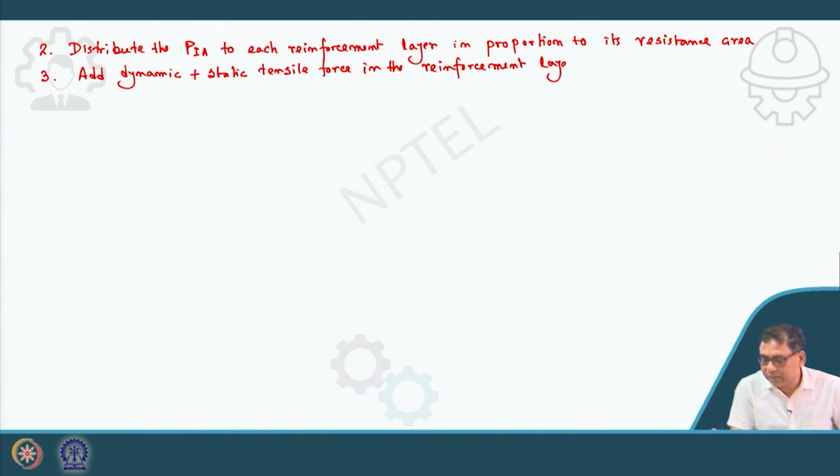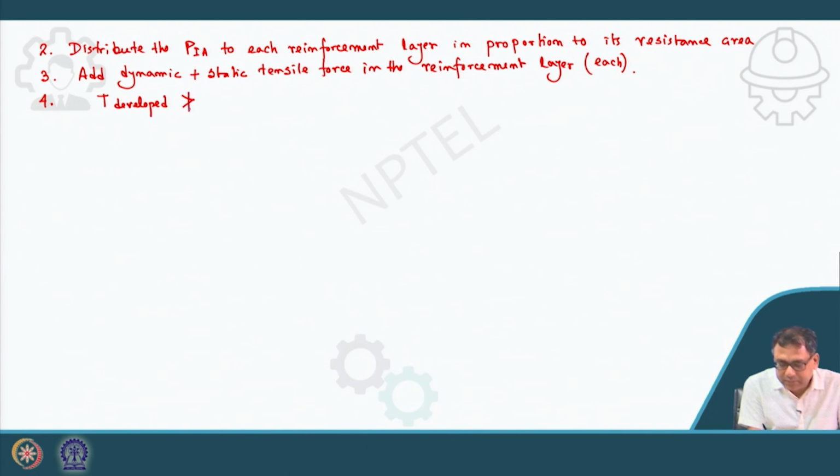And then you check for static, you know that the T developed should not be greater than T allowable. That is for static.